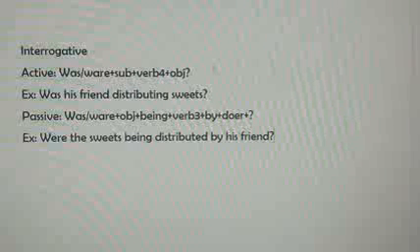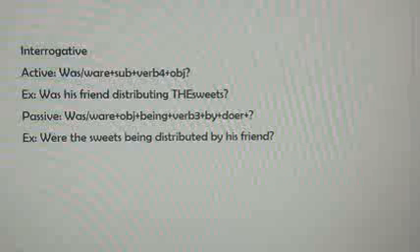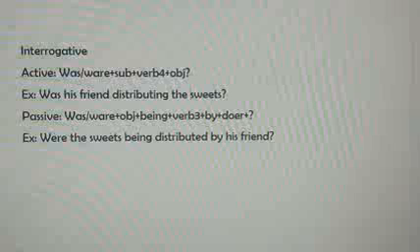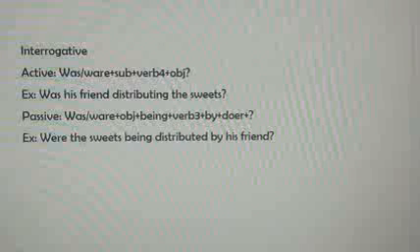Oh, my dear children, there will be a change between distributing and sweets in the active. Okay. Now, were the sweets being distributed by his friend. Okay, my dear children, over here the next group of past tense, the past continuous, also gets over.